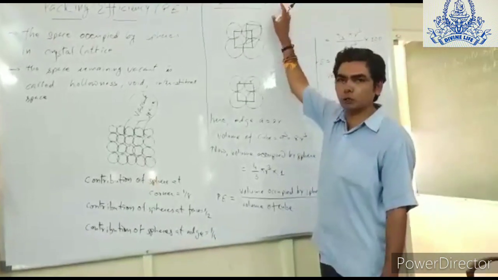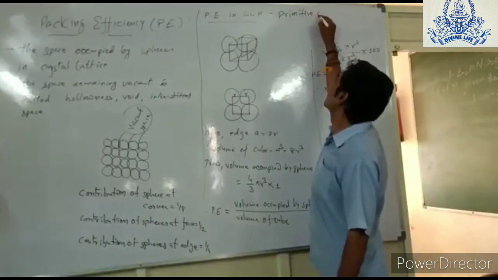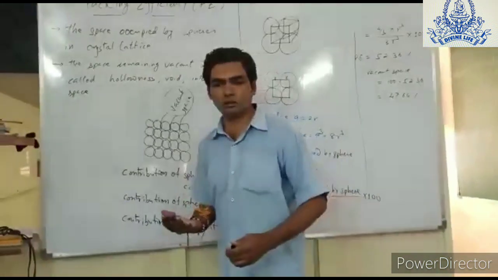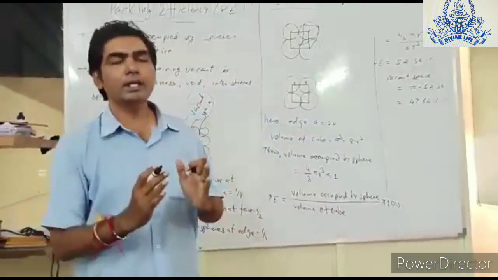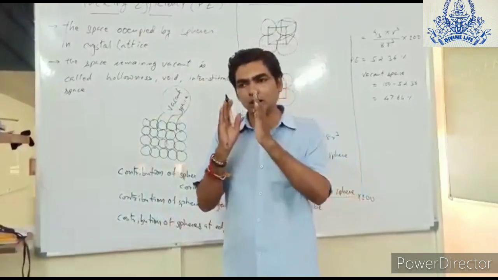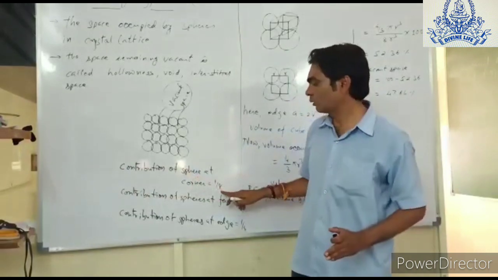SCP means simple cube or primitive cube. In a primitive cube, as we have already studied, there are 8 atoms at 8 corners. But at each corner, the contribution of a sphere is 1/8 part.